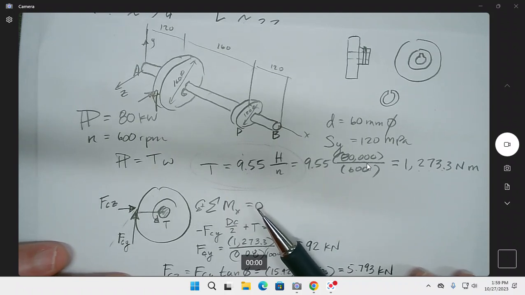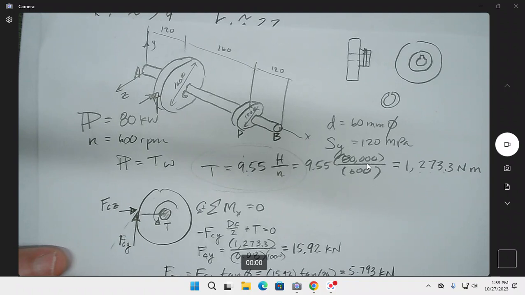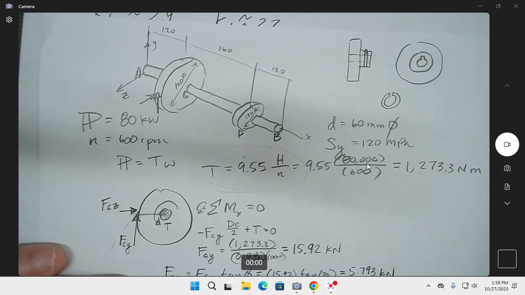It could be connected to something like a rock crusher. It's always my joke. I don't know if it's really a joke, right? Because you don't know what the load is. You don't know what the driving thing is. It could be a single-cylinder engine, so it's going to have this sputter, right? Its torque is going to fluctuate. It's going to be large and then small and large and then small.